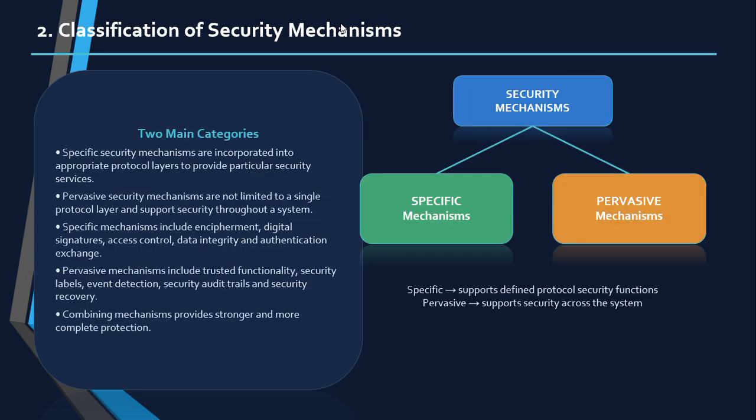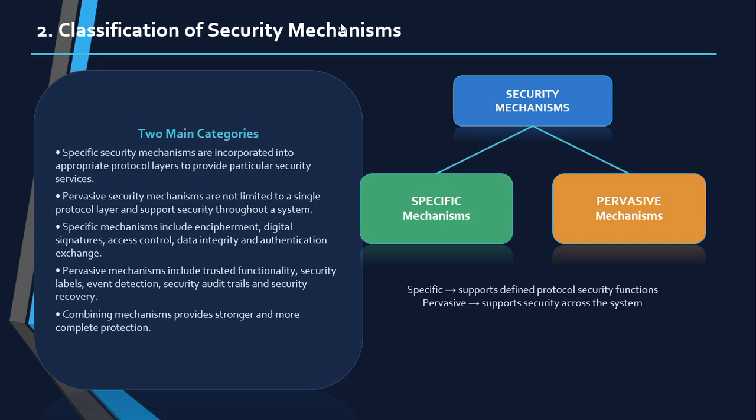Now, classification of security mechanism. We have two types of classification of security mechanism. One is pervasive security mechanism, another one is specific mechanism. A pervasive security mechanism has no single limited protocol layer, so it supports security throughout the system.